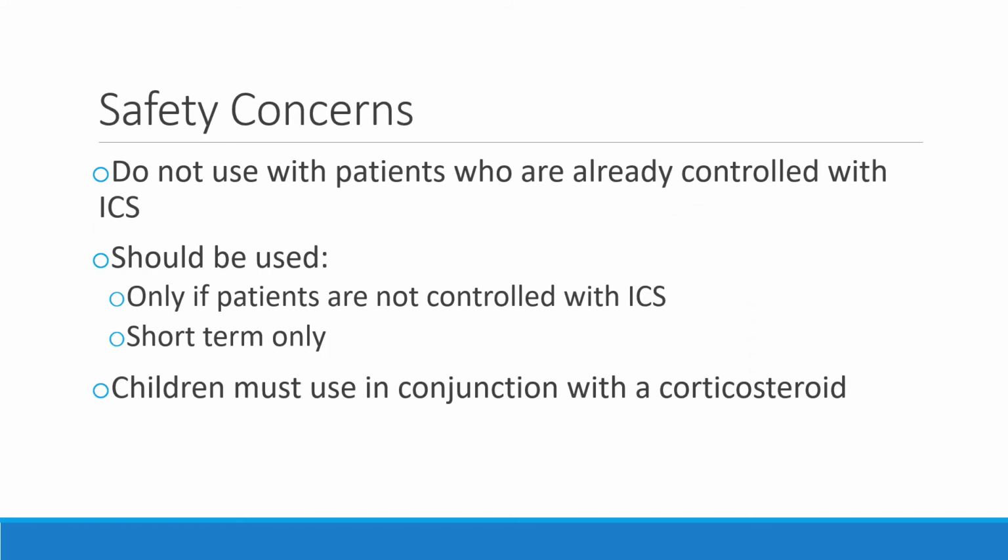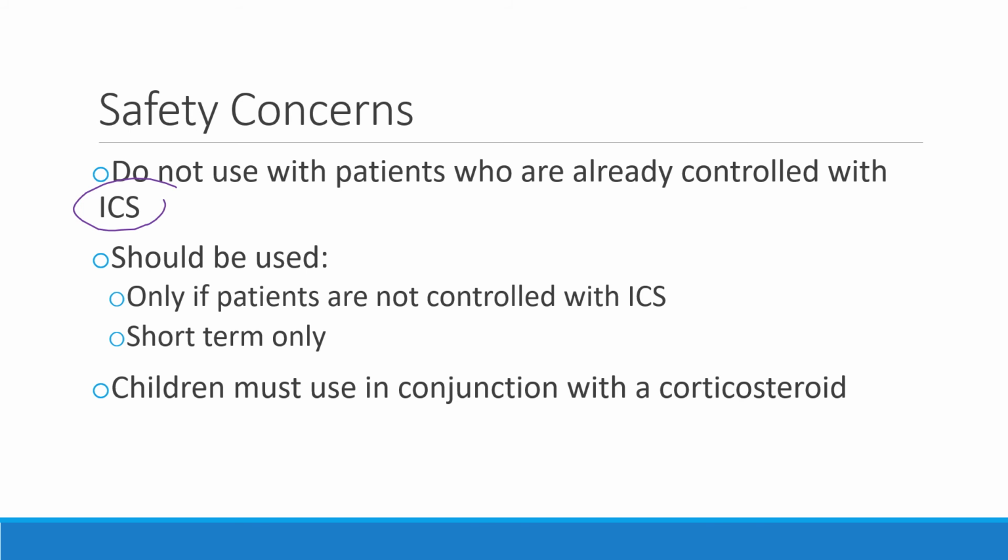Some safety concerns that we see is not to use these things with patients who are already controlled with an inhaled corticosteroid. Once asthma is controlled, the long-acting beta agonist should be discontinued, is traditionally what they would do. So once we have them under control, it takes about 4 weeks or so to let an inhaled corticosteroid kick in, right? 4 to 6 weeks before it becomes effective for inhaled corticosteroids.